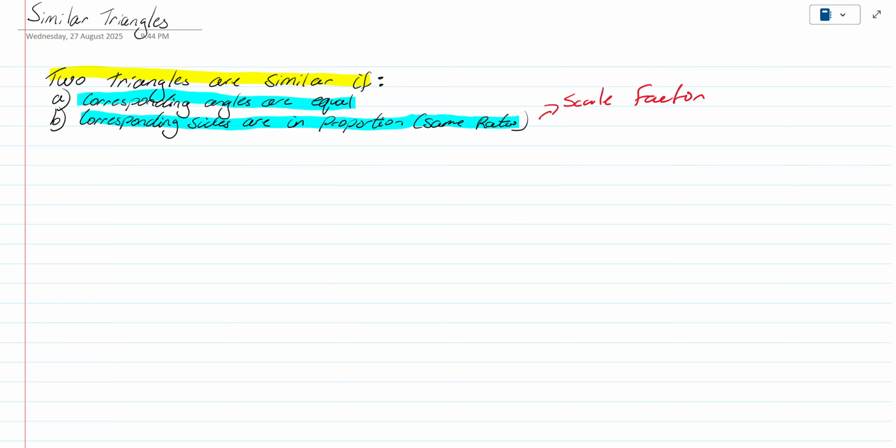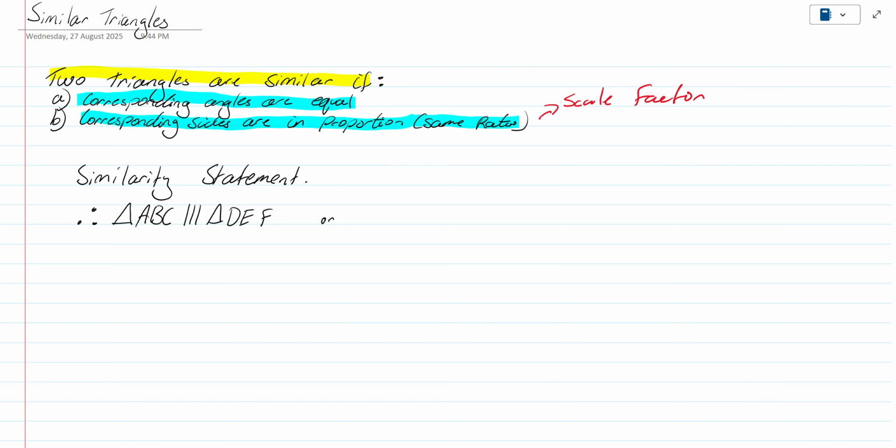When we prove that two triangles are similar, we need to write what is called a similarity statement. That's something like, therefore, triangle ABC is similar, so three vertical lines means similar, to triangle DEF.